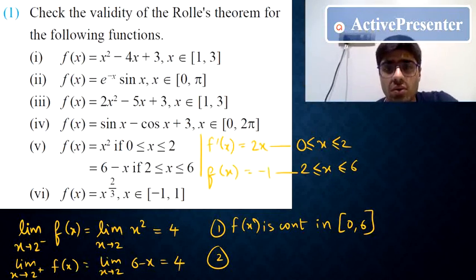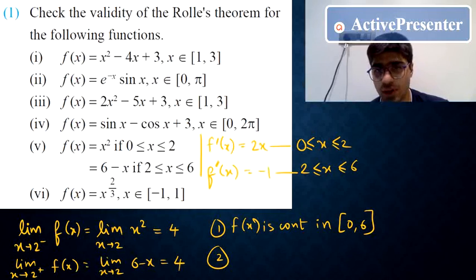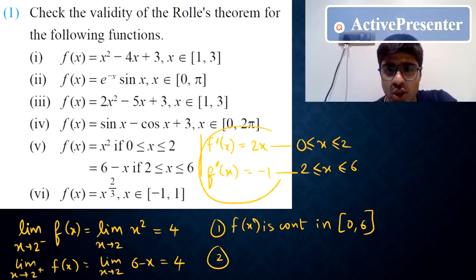Now the left hand derivative means the derivative for x lesser than 2. For x lesser than 2, the left hand derivative is 2. For x greater than 2, the right hand derivative is minus 1. So exactly at 2, the left hand derivative and the right hand derivative are not equal, and that is why f dash x is going to be discontinuous for x equal to 2.